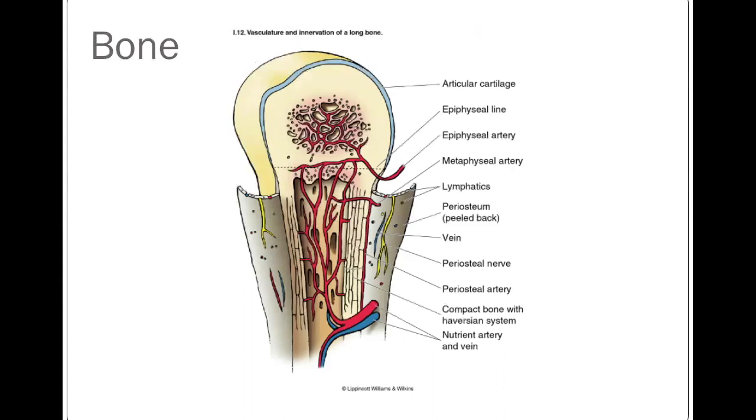But imagine that with all these free nerve endings, shown here in yellow, whenever the periosteum is damaged, it causes a lot of pain. That's one of the reasons that we know that a bone is broken: the pain associated with it coming from the periosteum.